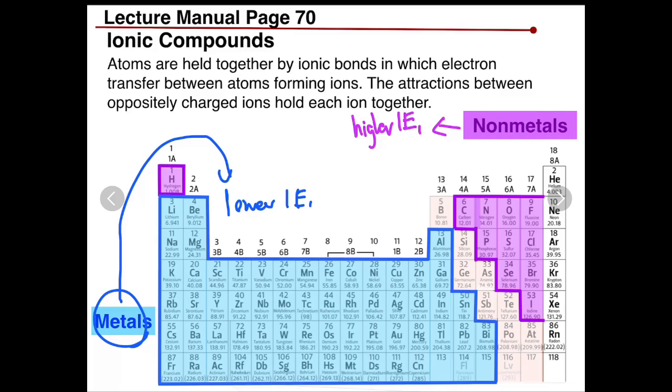It has a tendency to lose electrons easily, which is not the same as the non-metal. And also non-metal has a small size and a high effective nuclear charge, so it is able to attract electrons more as well. Therefore, they are going to have higher electronegativity also. So most likely the electron would transfer from metal to non-metal because of that, right? So in this case, electron would transfer from metal to non-metal.